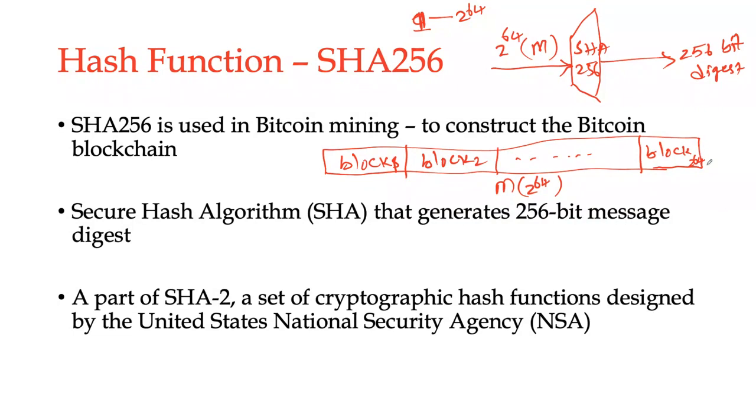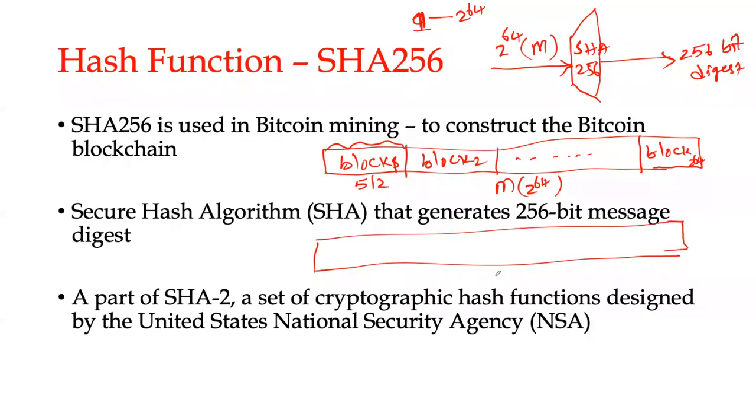So what is the size of this block? The size of every block in this message is 512 bits. This algorithm takes the entire message divided into blocks, and each block size is 512 bits. And every block is further divided into small pieces called words.